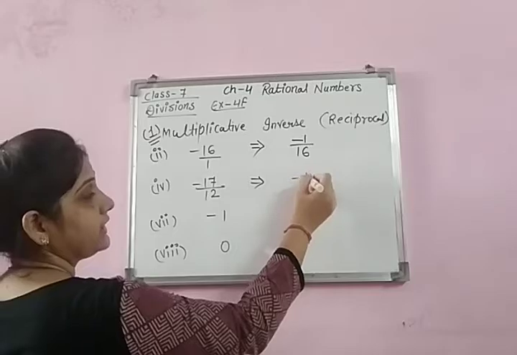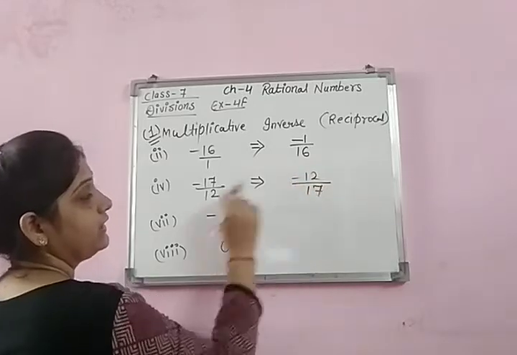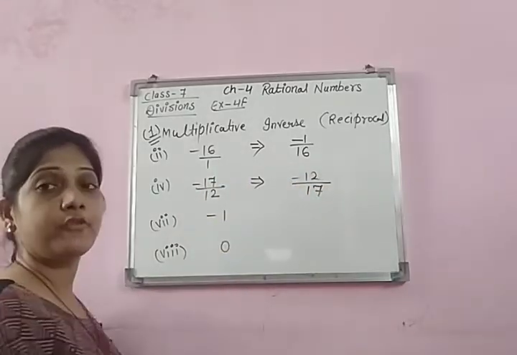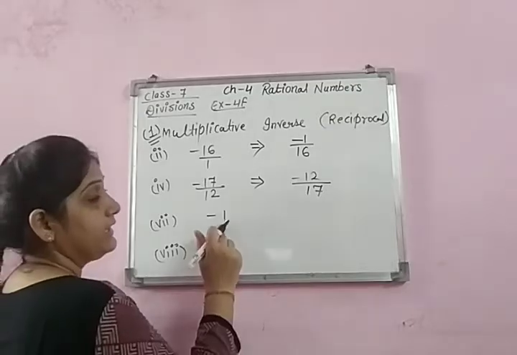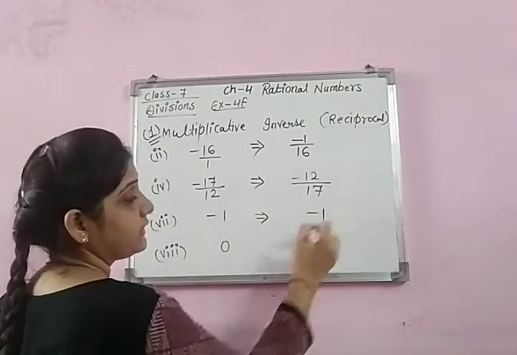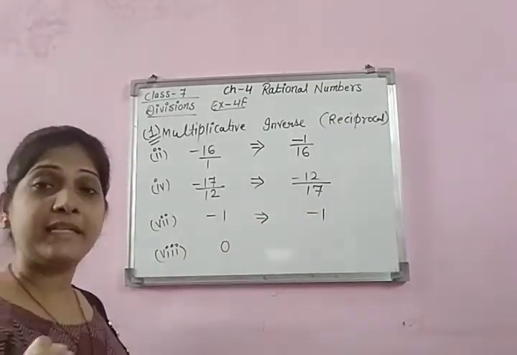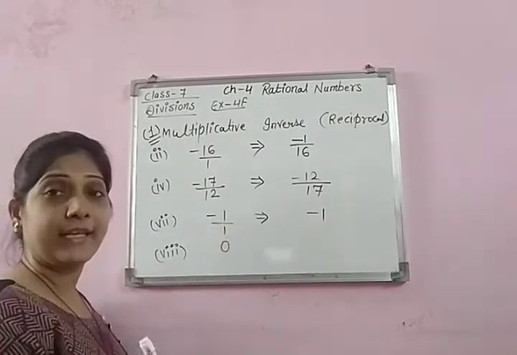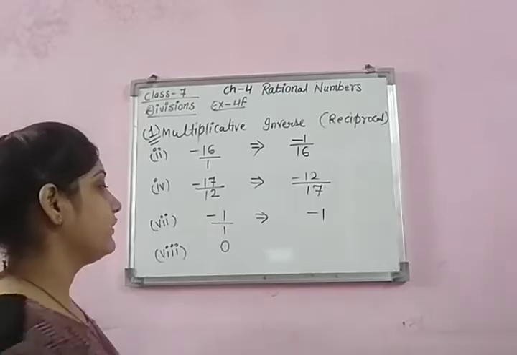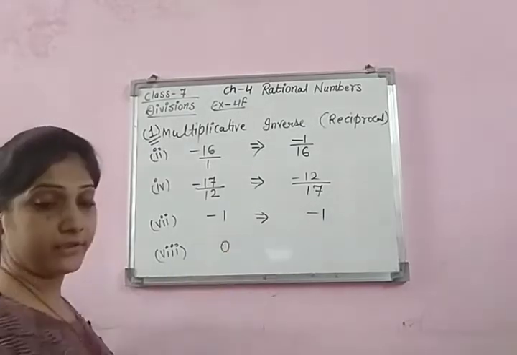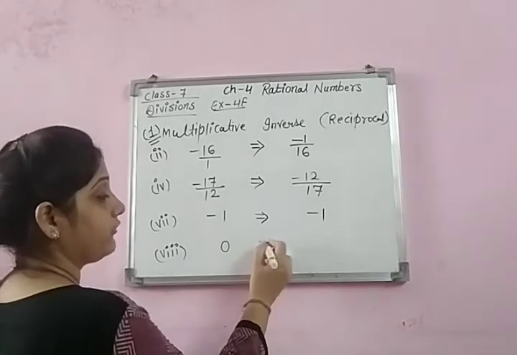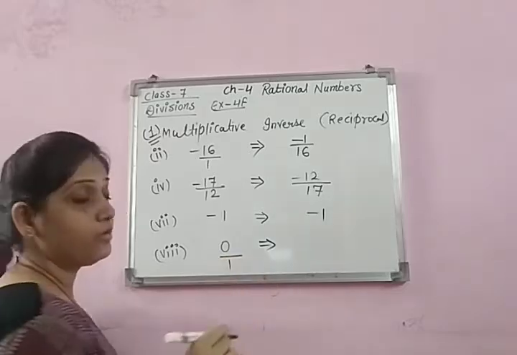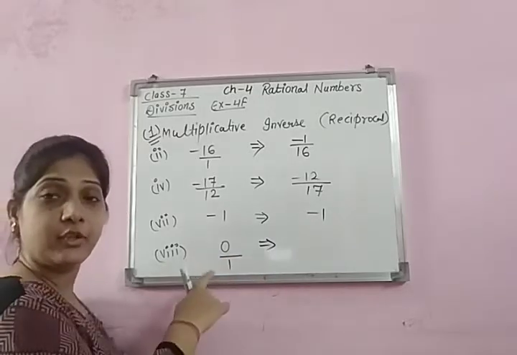Now the reciprocal of negative 12/17: we change the position of numerator and denominator. The reciprocal of negative 1 remains negative 1 only, because negative 1/1 or 1/-1 remains the same. So you have to remember it directly. And the reciprocal of 0: there is nothing in the denominator, it is 0/1.